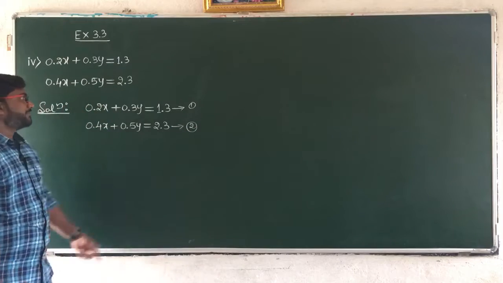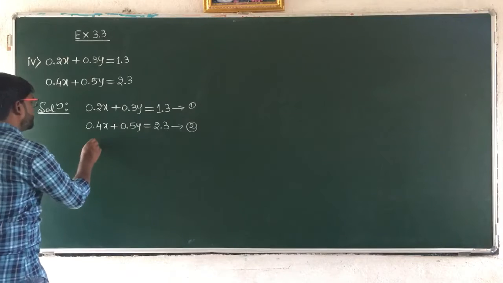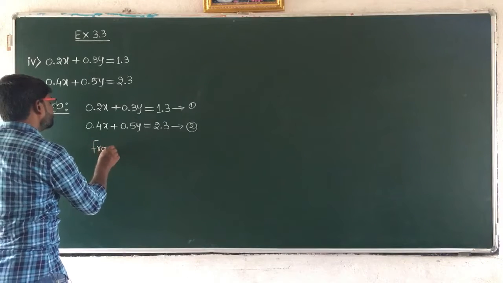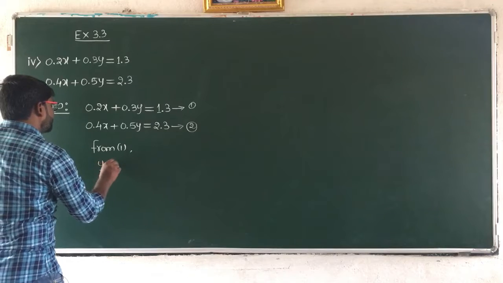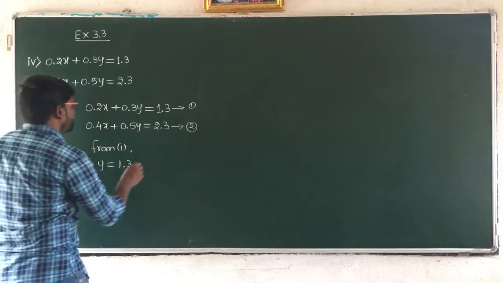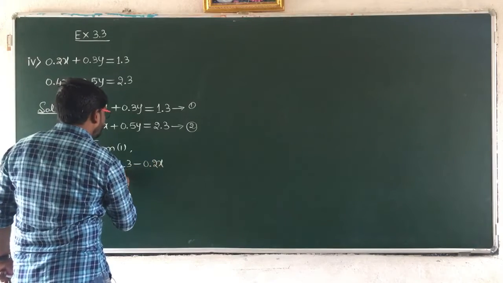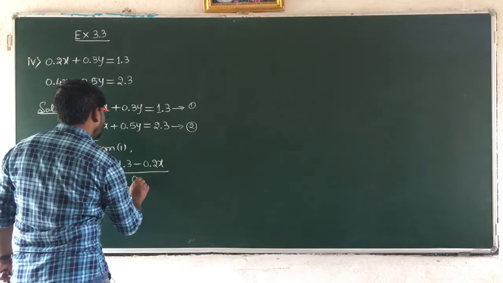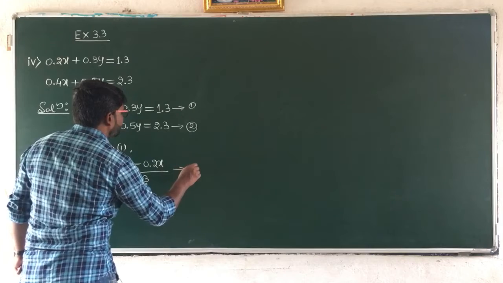Now from equation 1, let us separate y. From equation 1, y equals (1.3 minus 0.2x) divided by 0.3. Call this equation number 3.